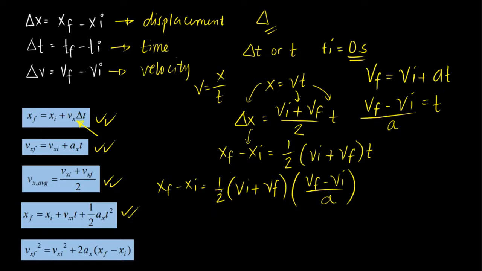Okay, we will simplify this further. So, xf minus xi equals now 1/2 times vi plus vf times vf minus vi over a. So, siguro mas familiar sa inyo kung amo ni ang plastada, vf plus vi times vf minus vi.